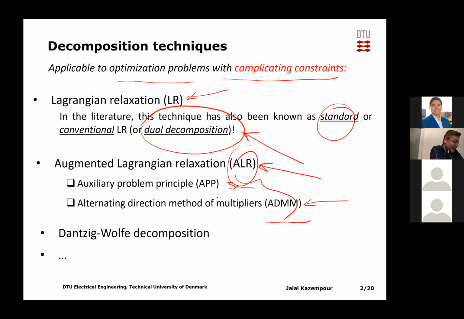But Lagrangian relaxation and its augmented version is not the only approach to decompose a problem when you have complicating constraint. For example, Dantzig-Wolfe decomposition also is an approach to decompose the problem. Sometimes it's very relevant if you have complicating constraints.